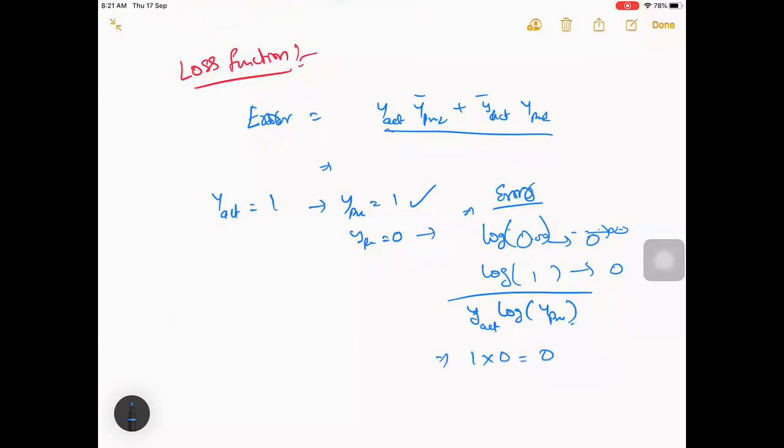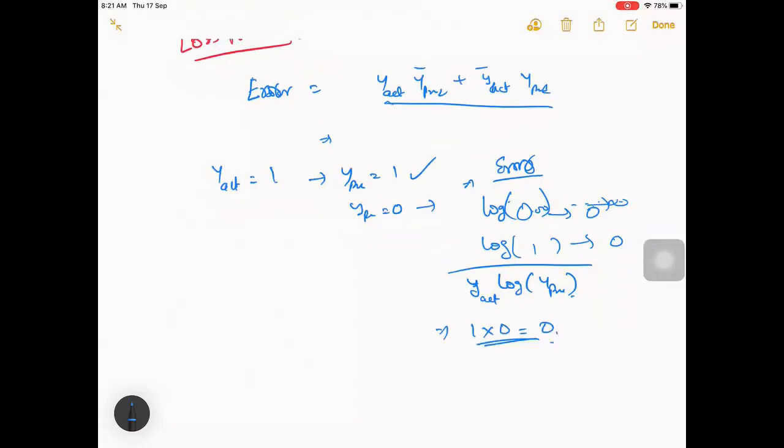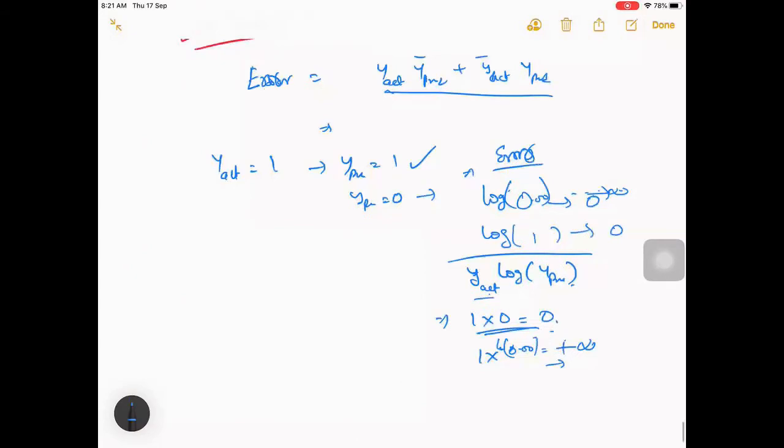That is correct. But when actual is 1 and your prediction is towards 0, let's say 0.001, log of 0.001 will be very huge, towards infinity. This is the difference it will make.